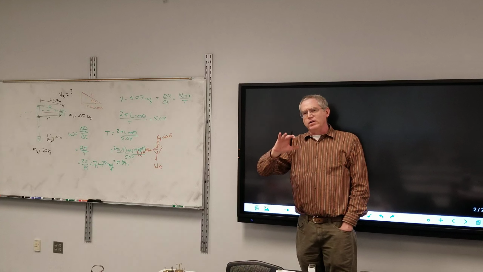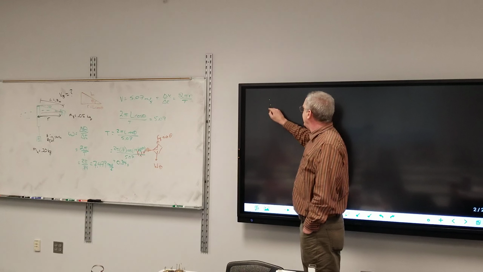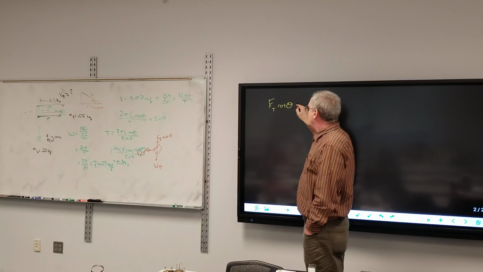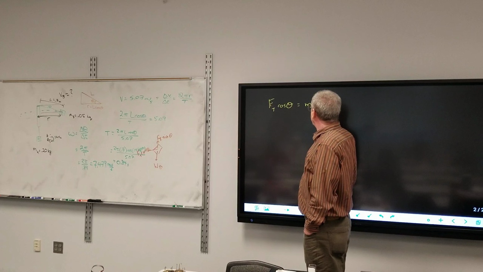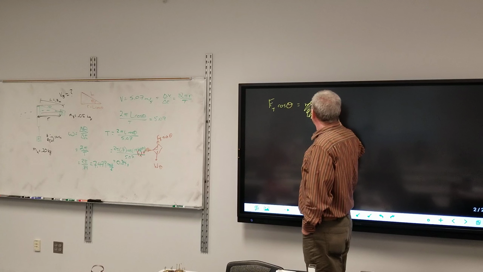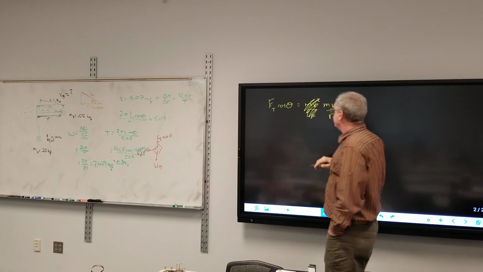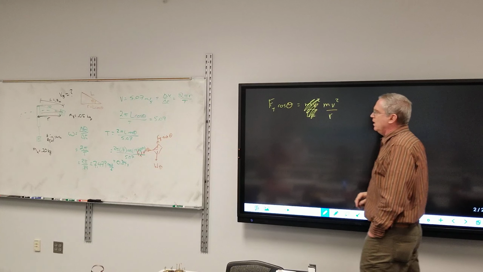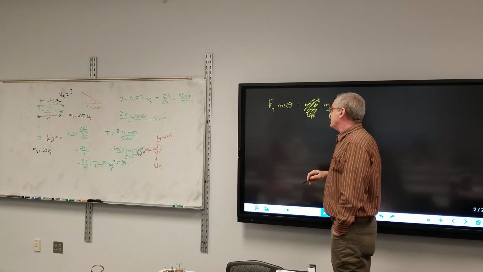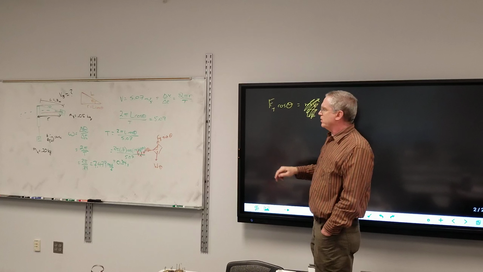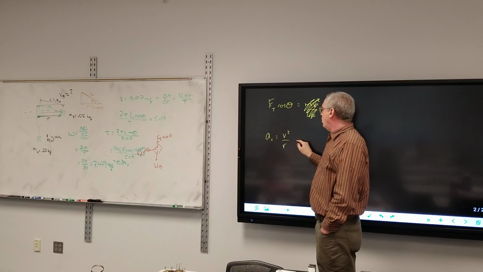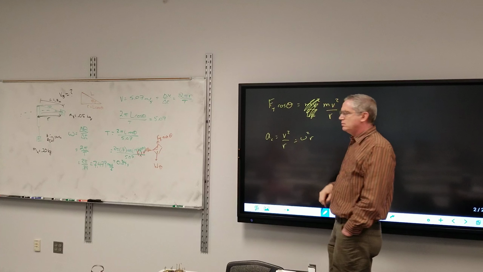All right, let's take a look at this from a different point of view. We had Ft cosine theta equals mv squared over r. This is one of the equations we had before. But if you recall, at the end of last class, I talked about the fact that centripetal acceleration is v squared over r, or omega squared r.